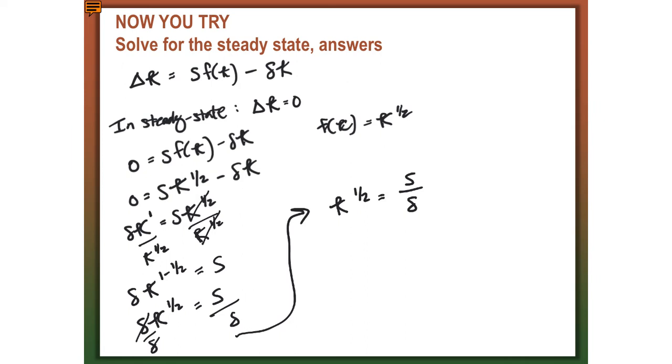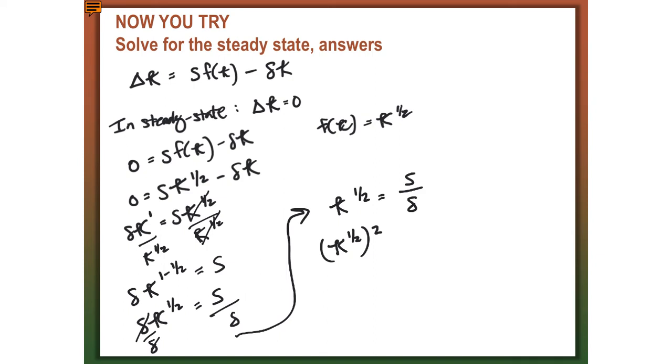So again, remember our rules of exponents. If we have a variable raised to an exponent and we raise that whole thing to another exponent, we multiply the exponents. So the goal is to turn this 1/2 into a 1 somehow. So in order to do that, we know we need to raise k to the 1/2 to the second power.